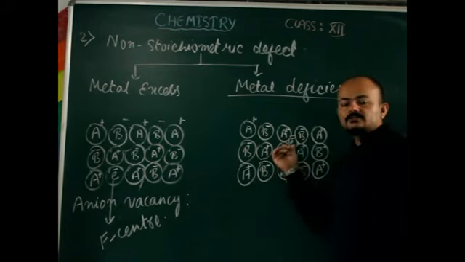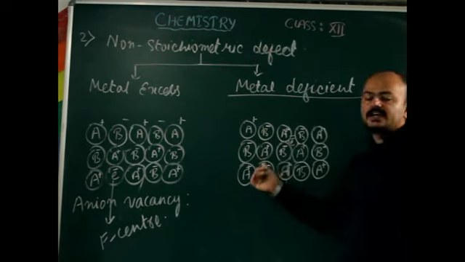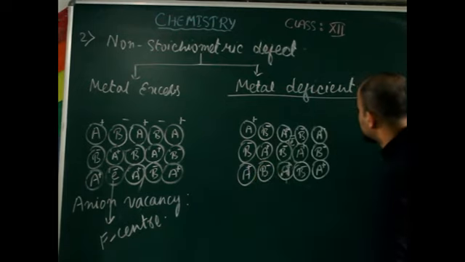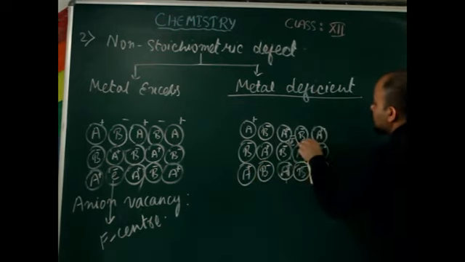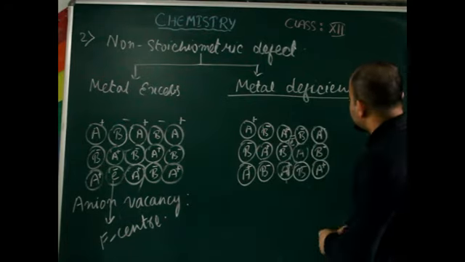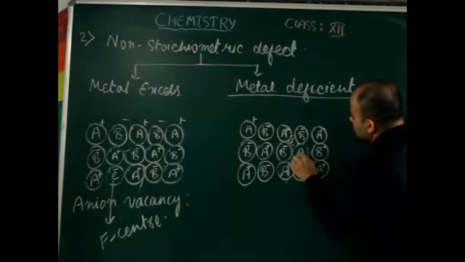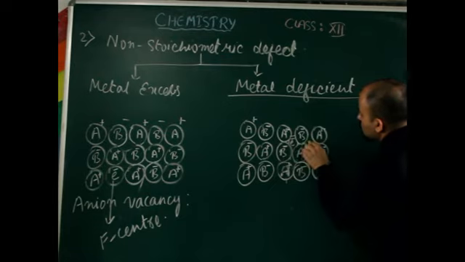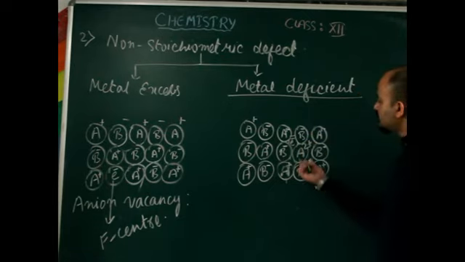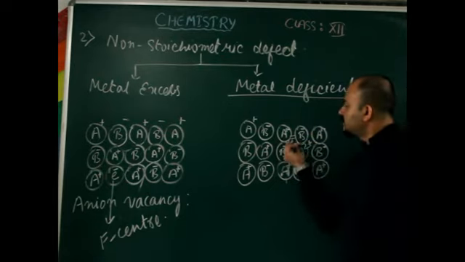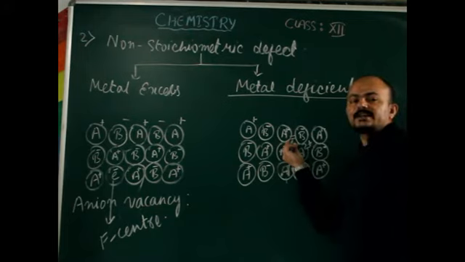To maintain its electrical neutrality, one of the nearby cations takes the responsibility. As a result, this A now becomes A2 positive, because it has to cancel out the effect of this one electron.